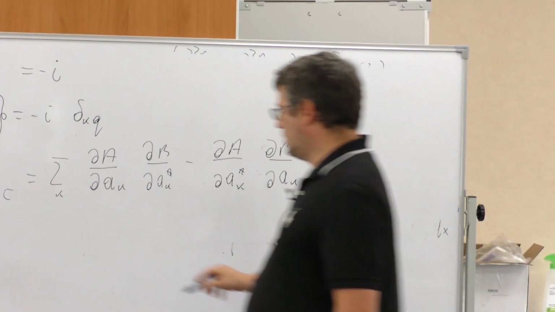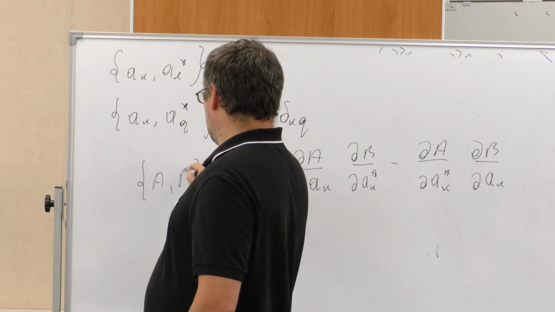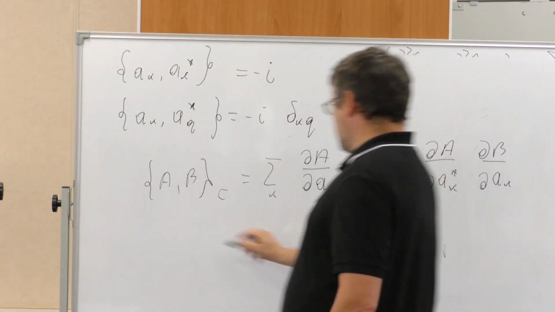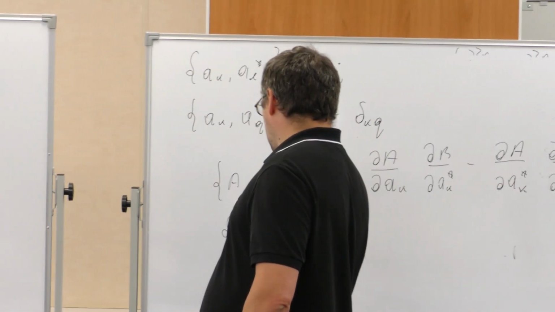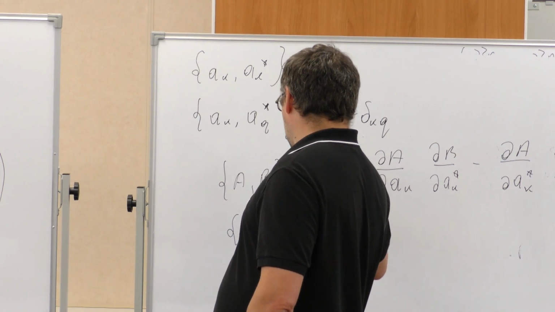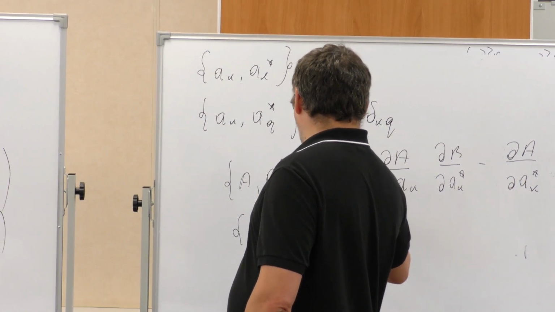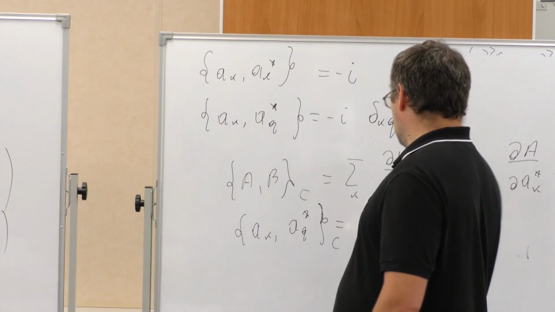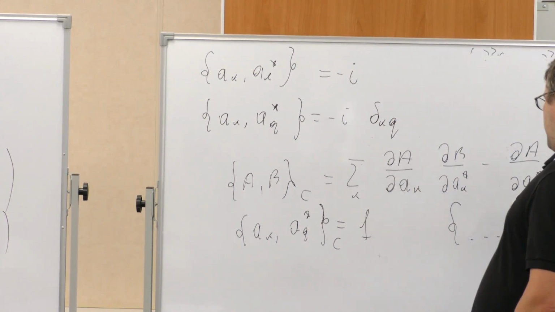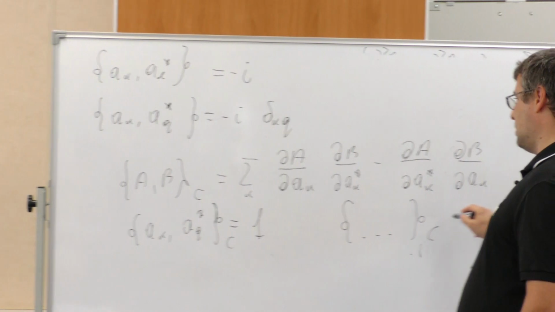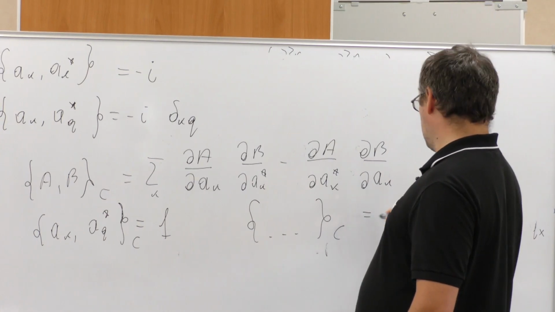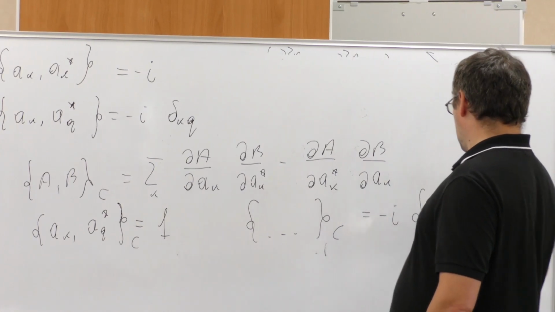And if I compute coherent state bracket between A_k and A_q star, I'll obviously get 1. So you don't need to define it, but essentially coherent state bracket is equal to minus i times normal Poisson bracket.